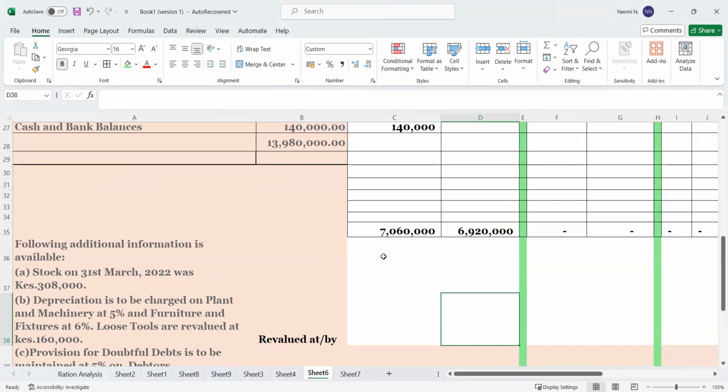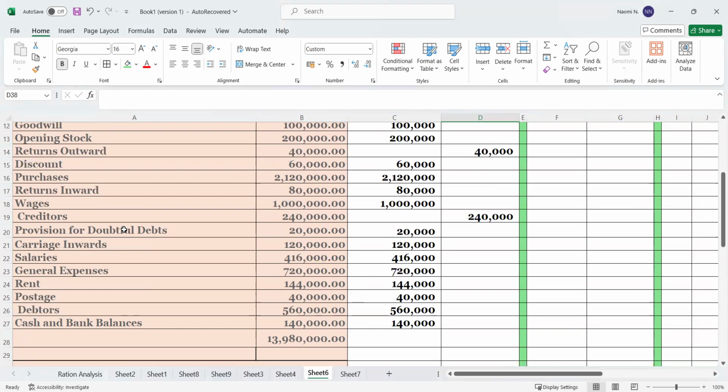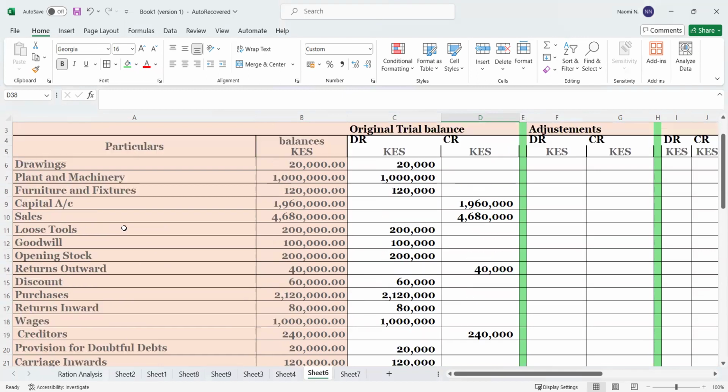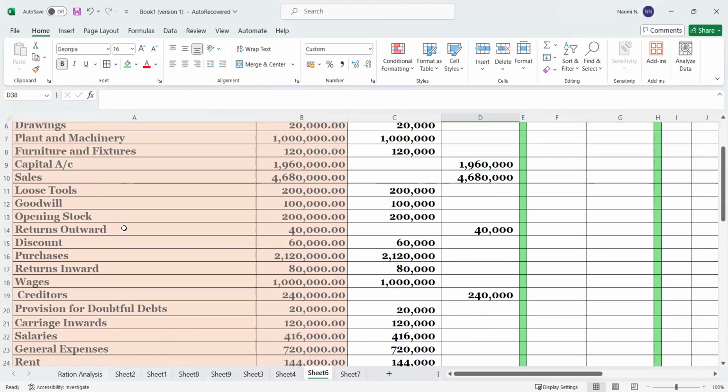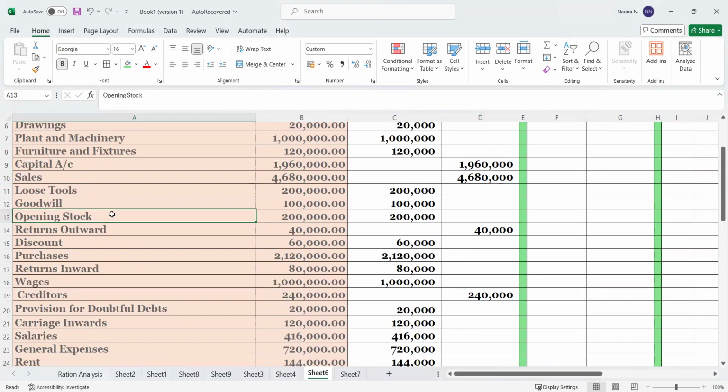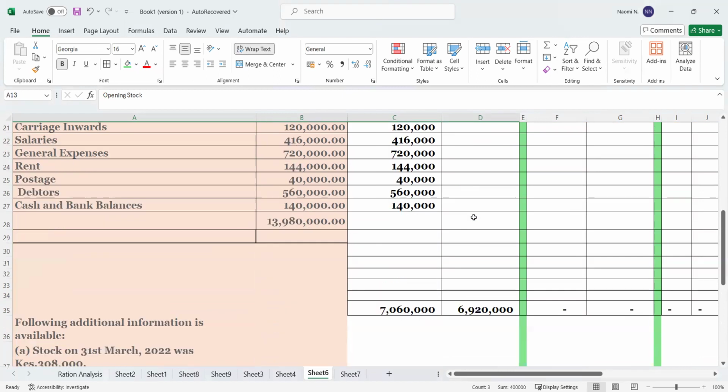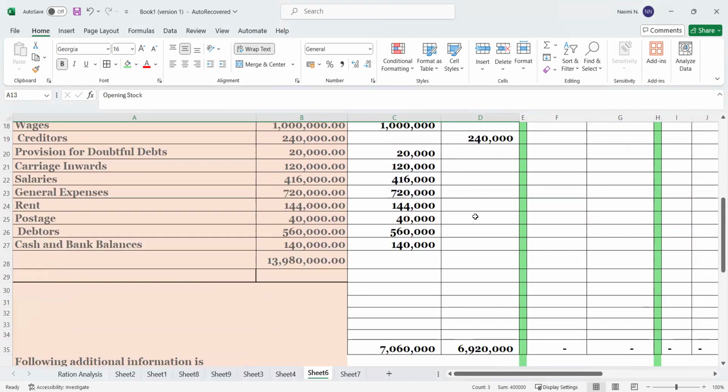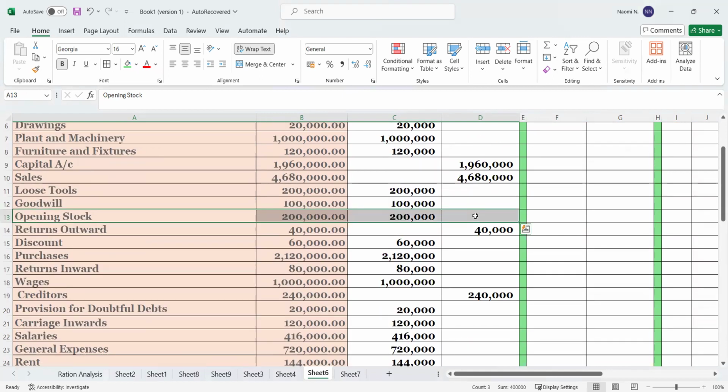So the implication of this: we have opening stock of 200,000, and we have a closing stock of 308,000. The implication is that some items were bought during that year.